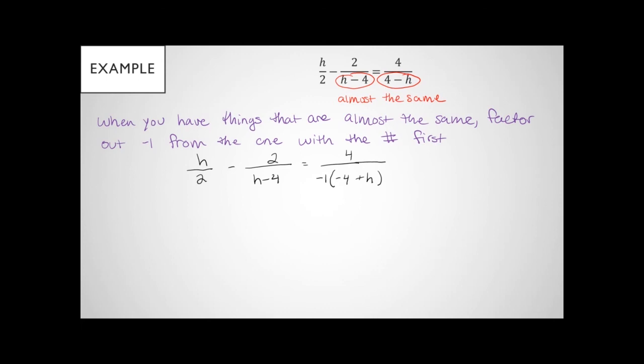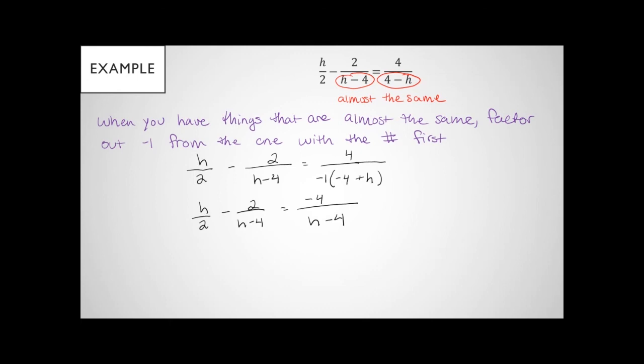So it's basically changing the signs, which then you can put them in a different order. And with that -1, I usually put it up on top. And if I rearrange the -4 plus h, that's the same as h minus 4.